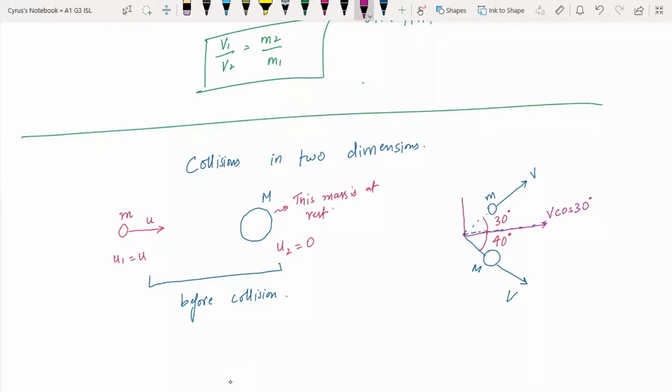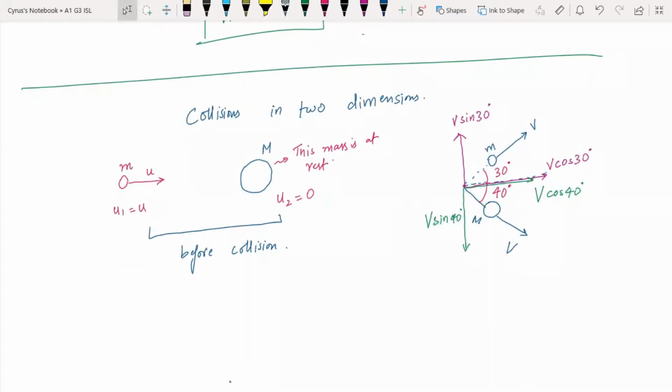And what would be this component that is going to be small v sine of 30? अच्छा, उसके बाद this is going to be capital V sine of 40, and this is going to be capital V cos of 40. So you have resolved the velocities into different components.